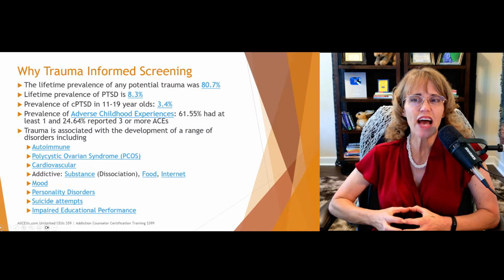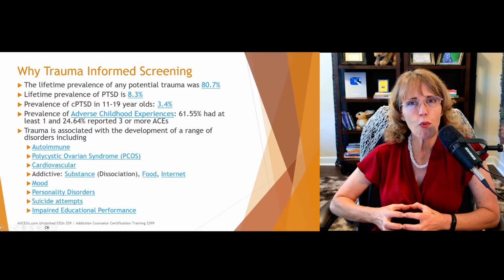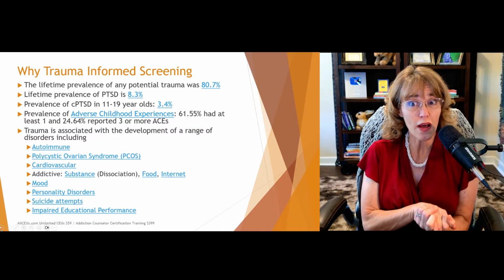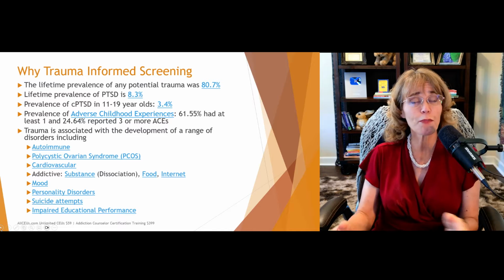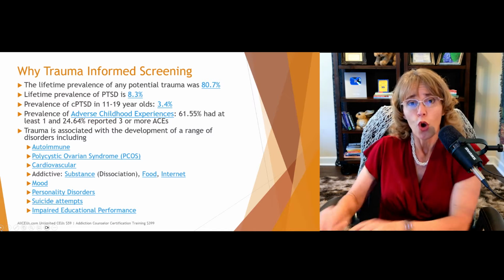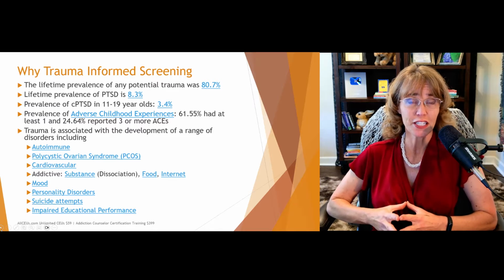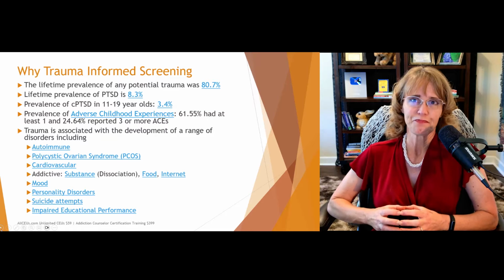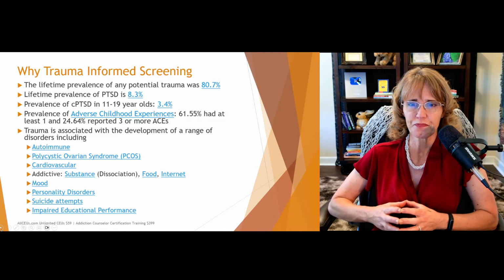The prevalence of CPTSD, or complex post-traumatic stress disorder, in 11 to 19-year-olds, so your adolescents, is 3.4%. And the prevalence of adverse childhood experiences is 61.55%, with people reporting at least one, and about a quarter of people, 25%, reporting 3 or more adverse childhood experiences. We know that when you get over 4 adverse childhood experiences, there is a much higher likelihood of stress-related physical and mental health issues.